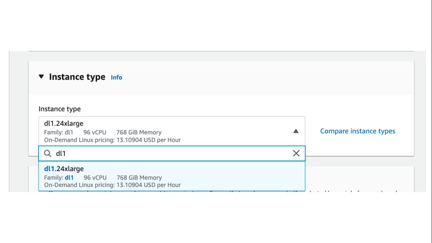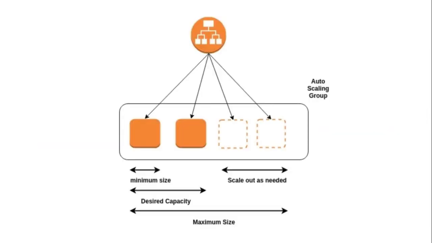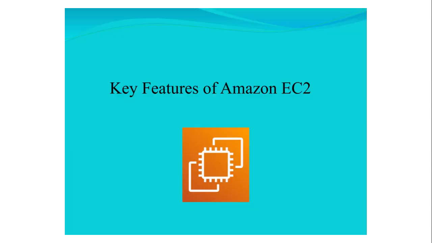It's as simple as selecting an instance type and launching it, knowing that you can always add more if demand increases. And when things quiet down, you can scale down to reduce costs. Each instance type is tailored with a different balance of compute, memory, network, and storage resources, allowing you to optimize costs and performance.